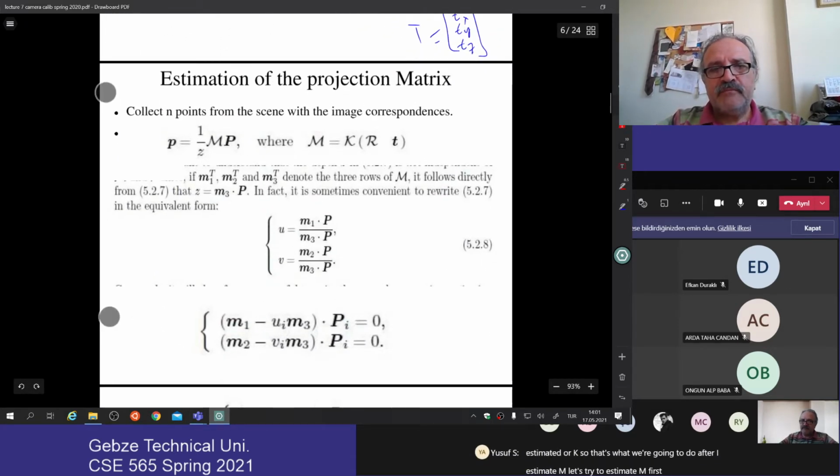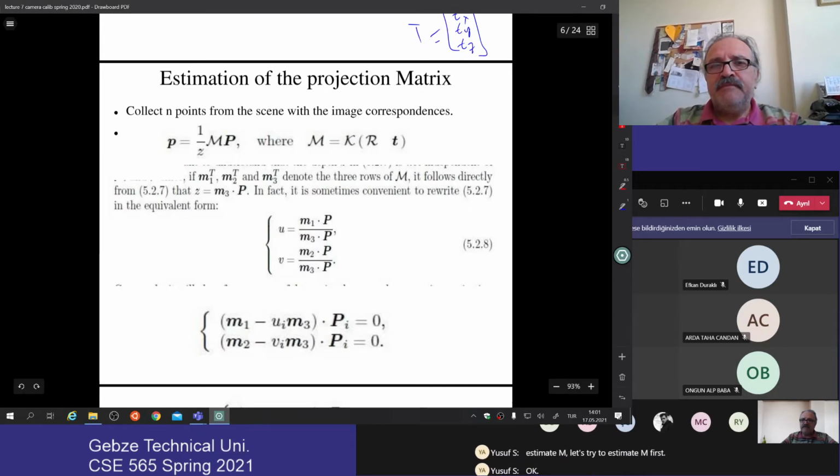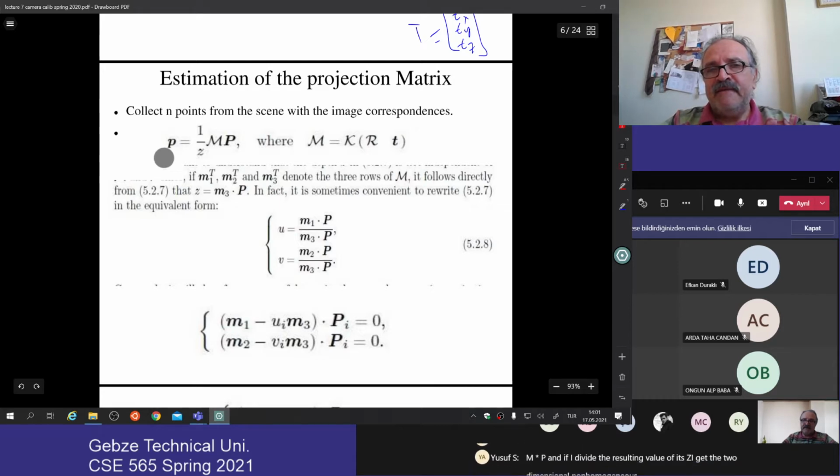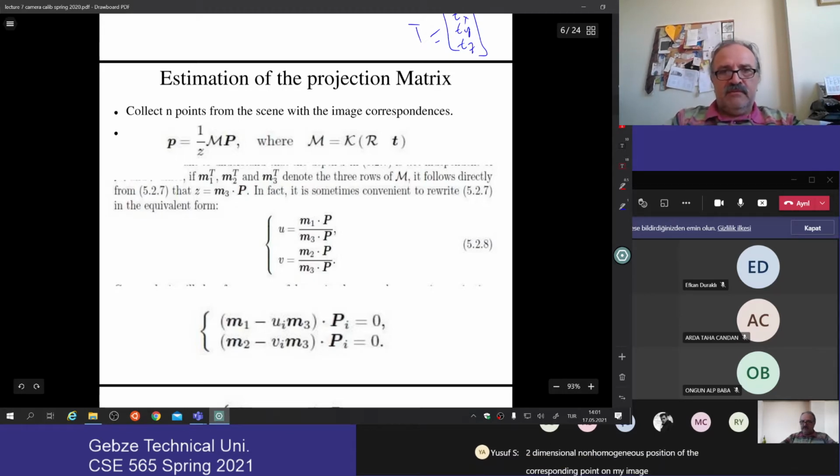I know this one, M times P, and if I divide the resulting value by Z, I get the two-dimensional non-homogeneous position of the corresponding point of my image. I know that one.